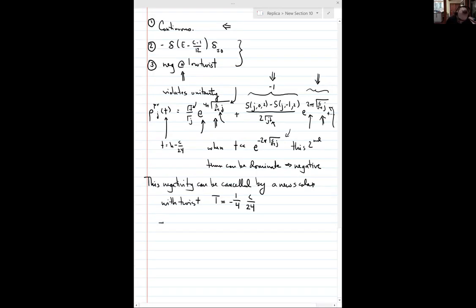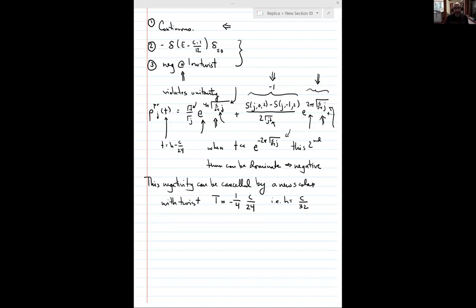Or if you were to translate this in terms of H, it has to have an H that's equal to c over 32, if you just plug it all in. Because 3/4 of 1/24 is 1 over 32.